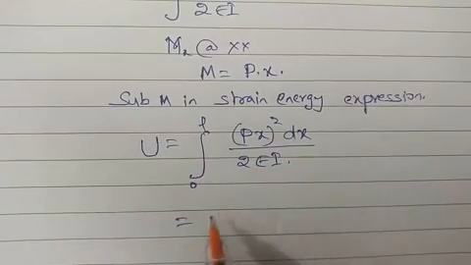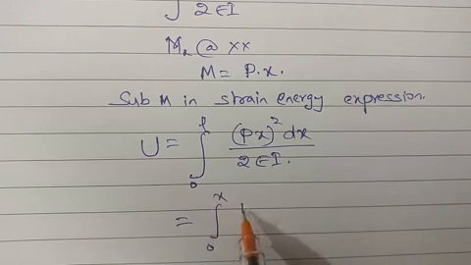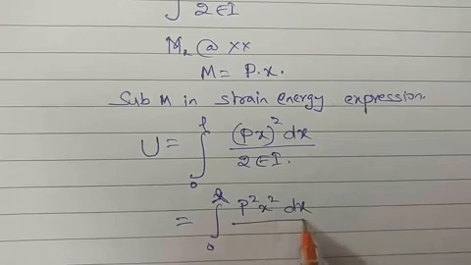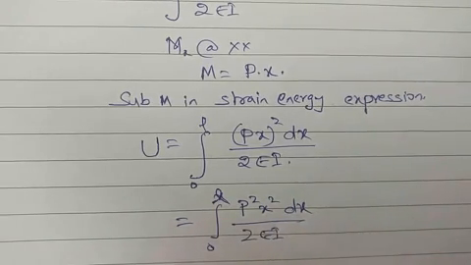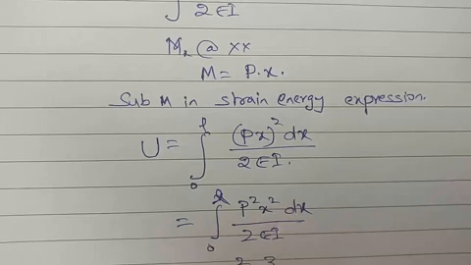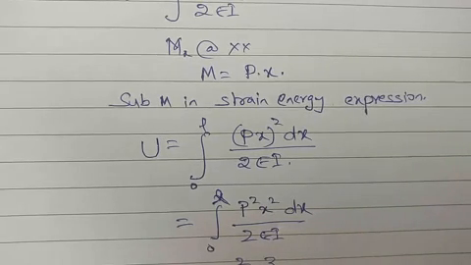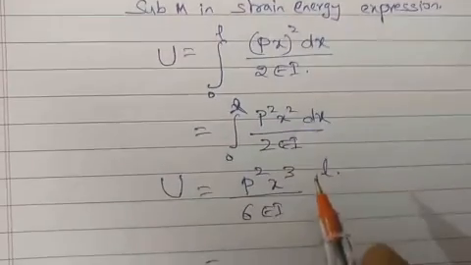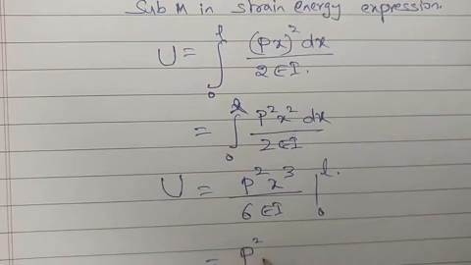Now 0 to L, P square x square dx by 2EI. To do integration, P square x cube by 2 into 3 will be 6EI, 0 to L. This is U. Now substitute L, it becomes P square L cube by 6EI. This is U.